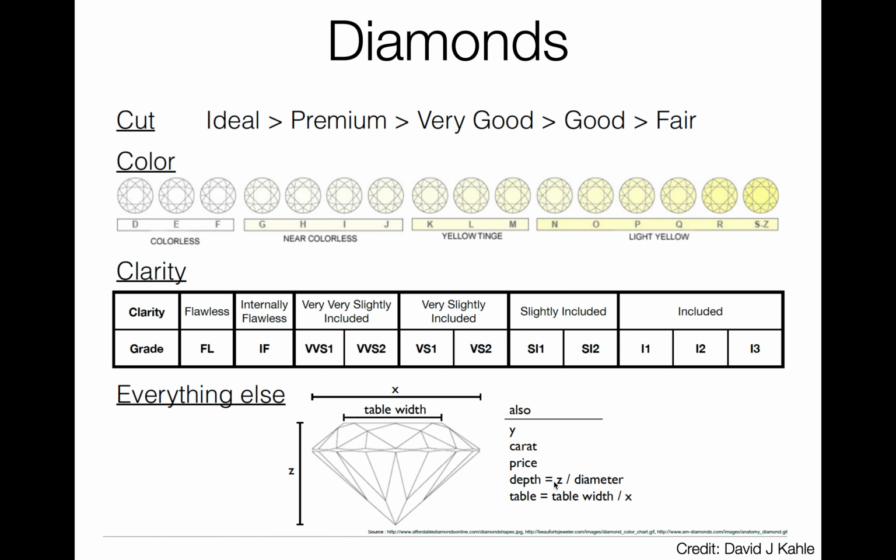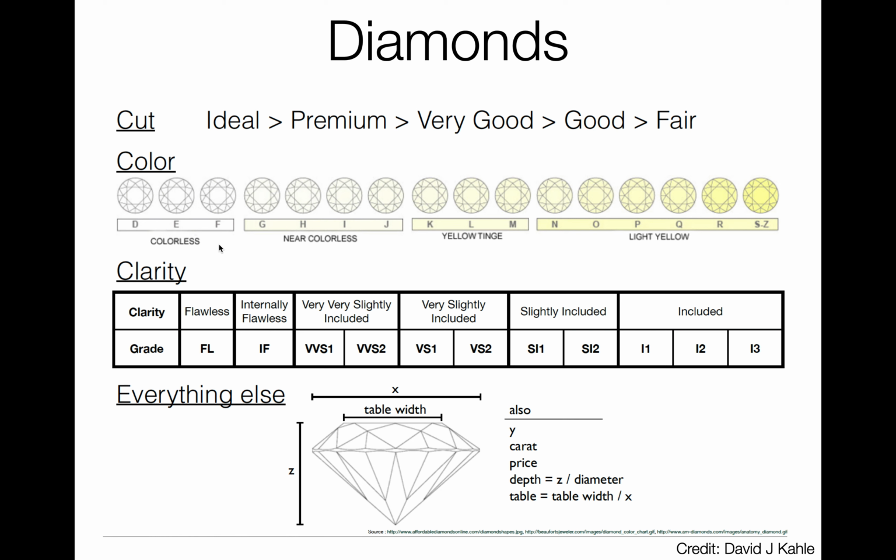You can also talk about the color of a diamond. Usually when people think about diamonds, they think about colorless diamonds that you can see through, but diamonds can range from colorless to yellow. A diamond can be yellowish. Then there's also the clarity of a diamond, and this is on a sort of grading scale.